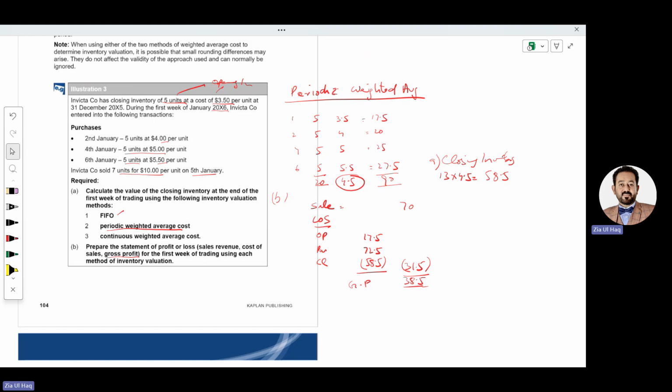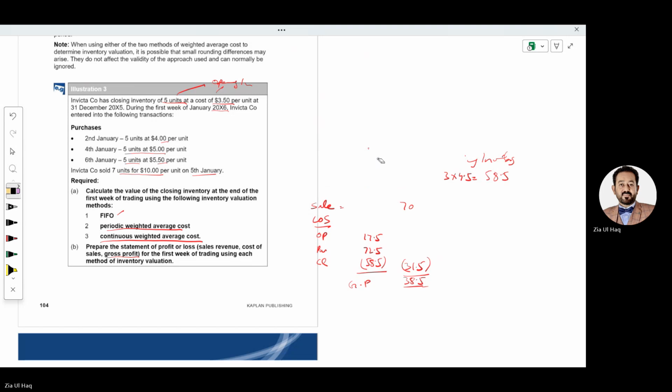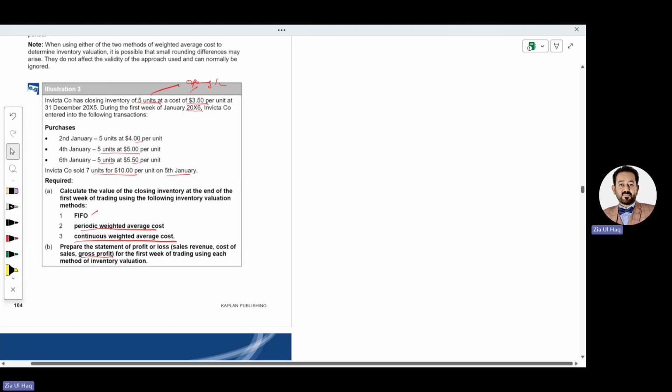Now we are moving towards continuous average cost method. What is that? Continuous average cost method. I'm removing all this. In continuous average cost method, how can we calculate closing inventory?